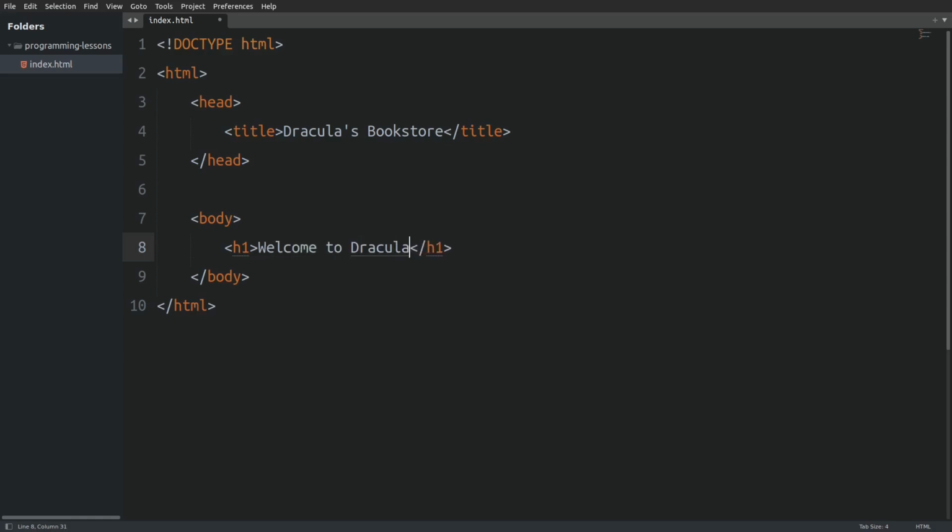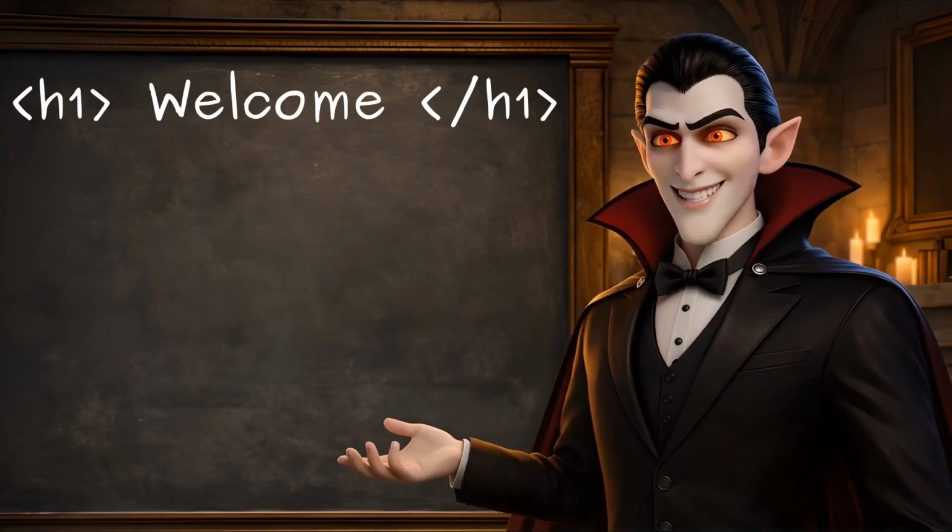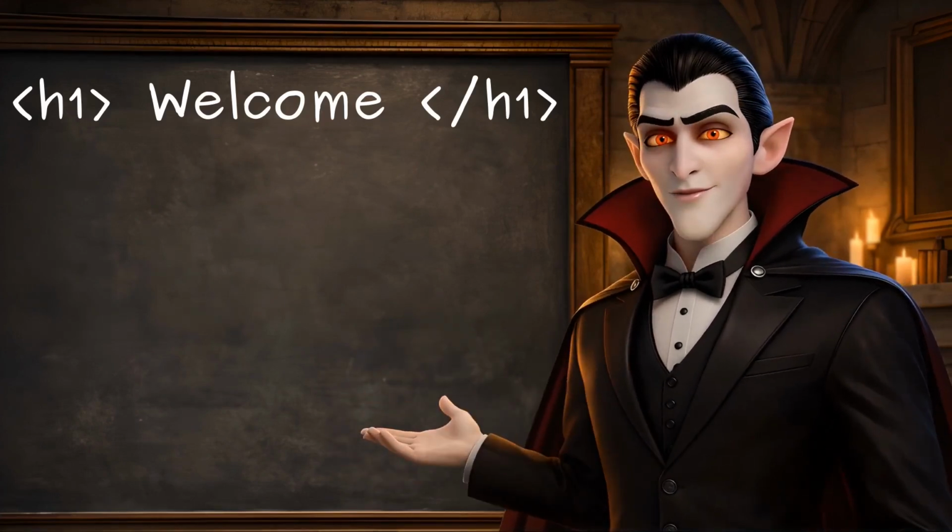I will call upon our familiar h1 element, and inside it I will type, "Welcome to Dracula's ancient and dark library." But I feel this is not enough. Now listen carefully. The h1 heading has 5 little brothers.